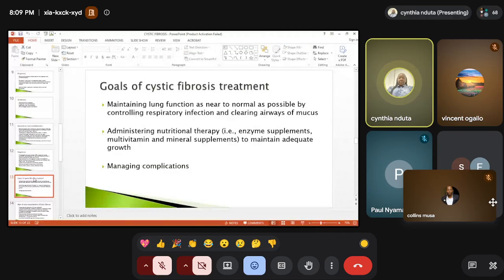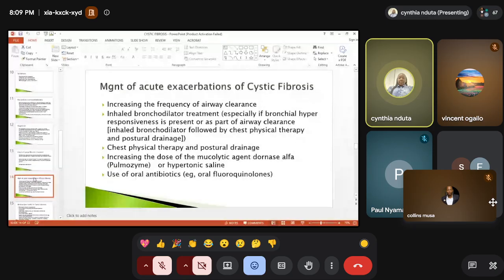So, what are our goals in cystic fibrosis management? We want to maintain the lung function as near to normal as possible. We want to make sure that we have proper nutritional therapy, and we want to manage complications. So, how do we do this? In acute cystic fibrosis, you have to make sure the airway is clear.